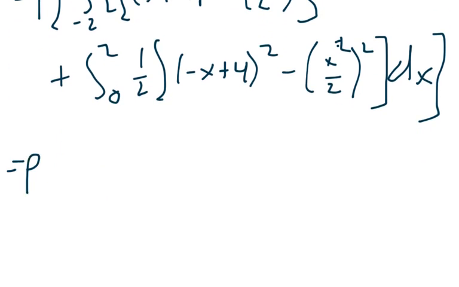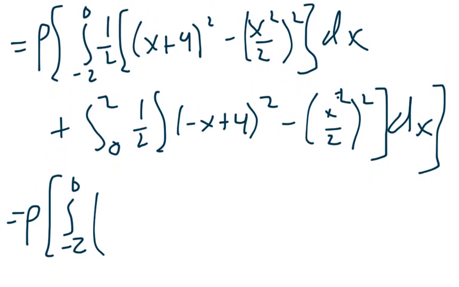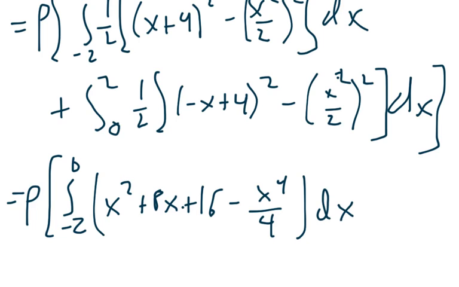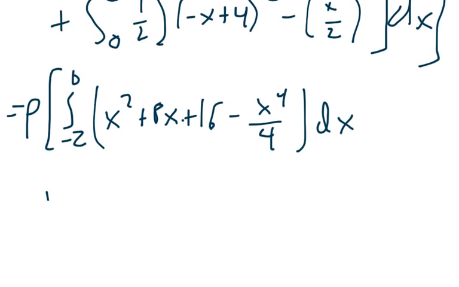Okay. So what does this work out to? Well, we're just going to have to do it. This is minus 2 to 0, and I'm just going to expand everything out here. So I have x squared plus 8x plus 16 minus x to the 4th over 4 dx, plus, oh, I've brought out a 2.